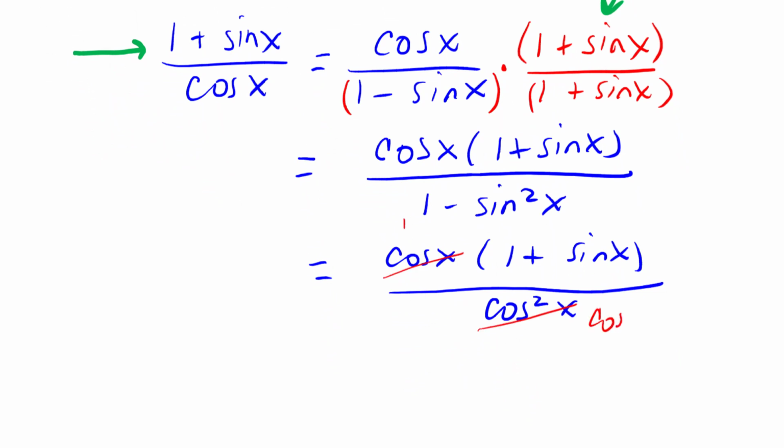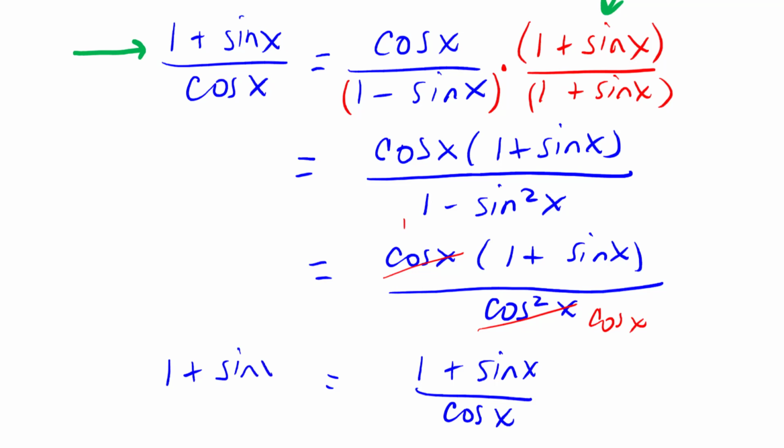And we now have exactly what we're supposed to have on the right side. 1 plus sine x over cosine x. That's what we're supposed to get. 1 plus sine x over cosine x. QED.